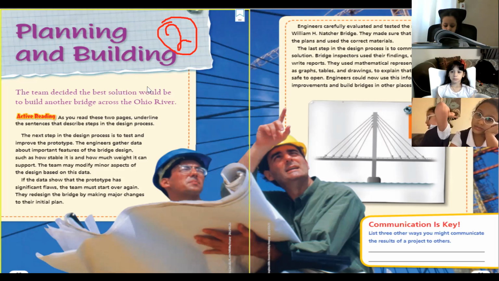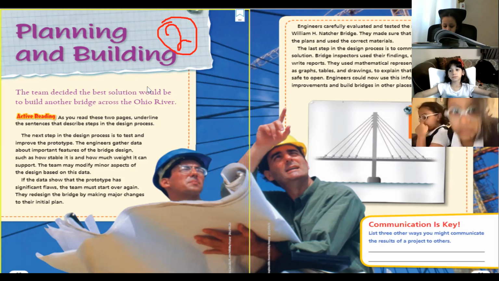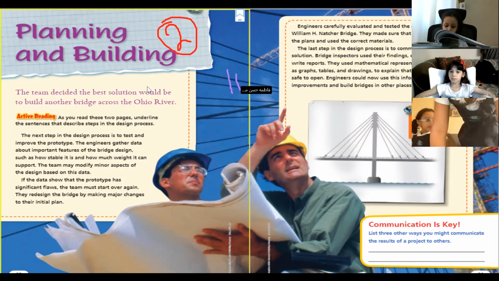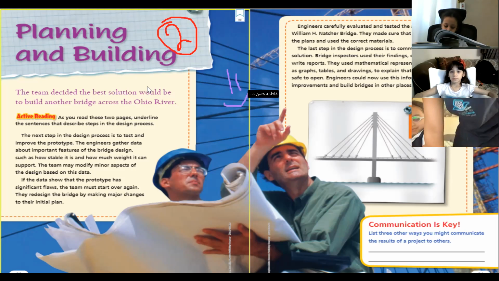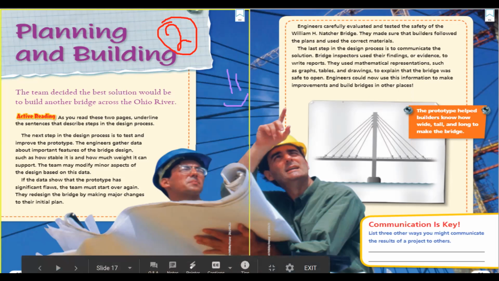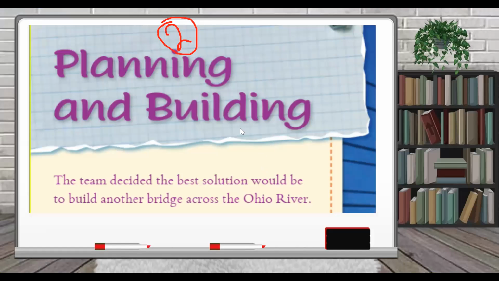Okay, guys. Engineers, when they make models, they make models exactly the same as the real thing, and they call it a prototype. What do they call it? A prototype.